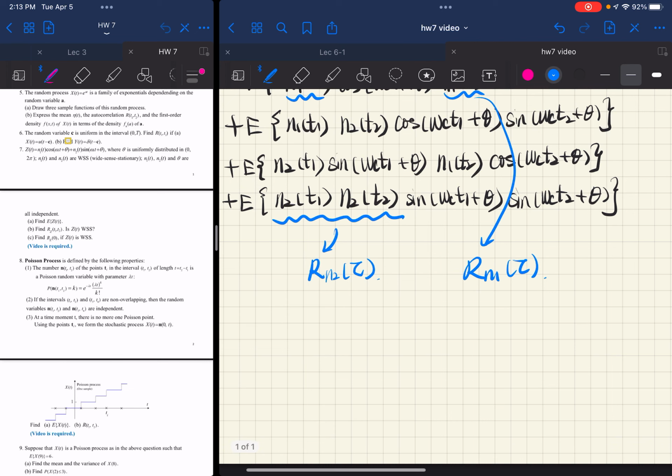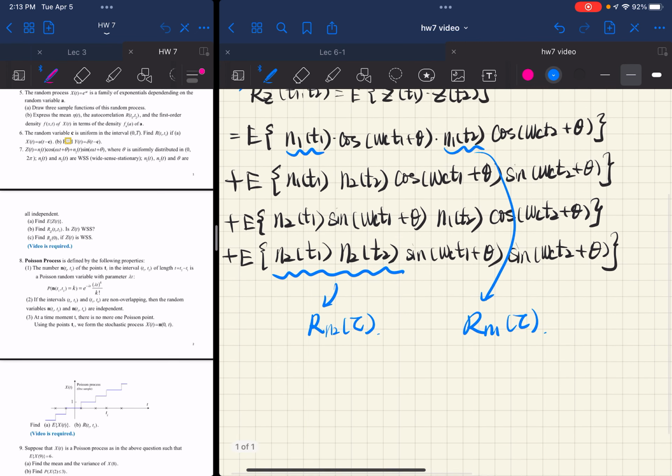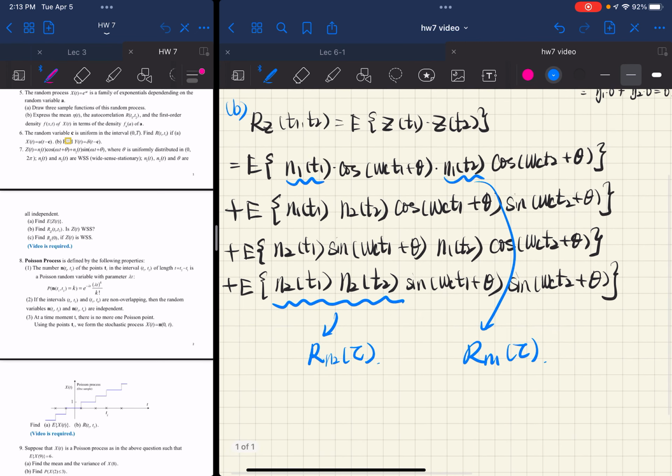And as we have derived from the previous section, this term is constant, here also this term is constant, and this term is constant.